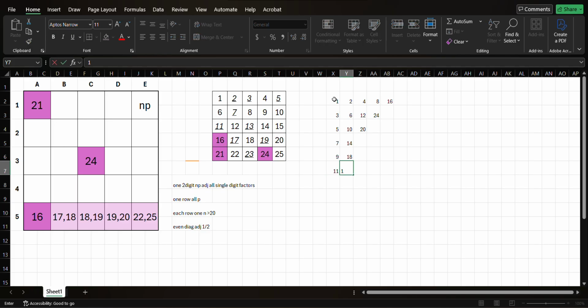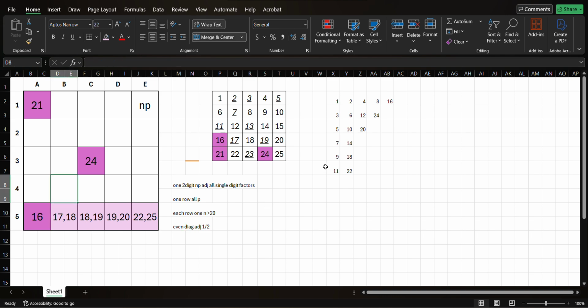And 11 is adjacent to 22. If we go up any higher, it'd be 13, but 13 doubled is 26, and that's not in our set. So we want them to be diagonally adjacent.